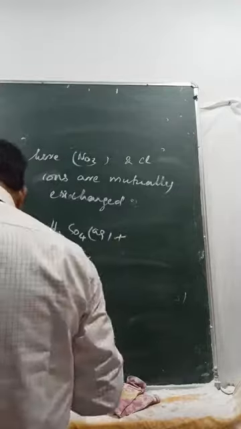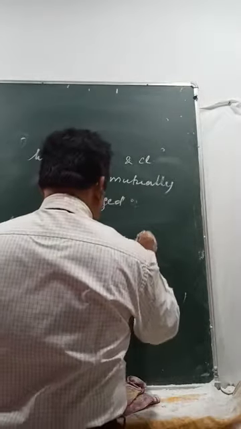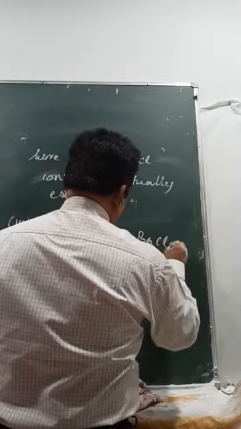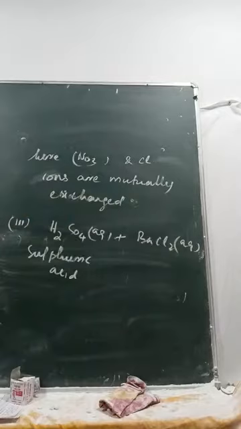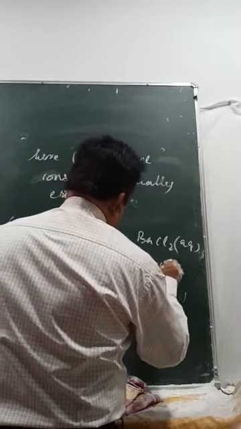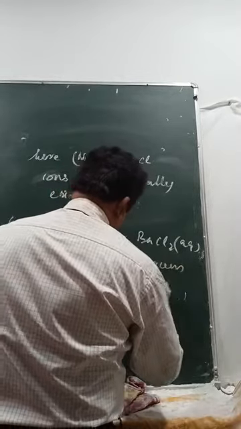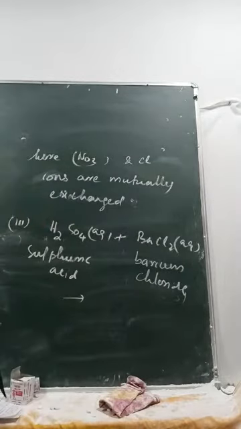Sulfuric acid reacts with barium chloride. You can write there. So what is the double displacement here?